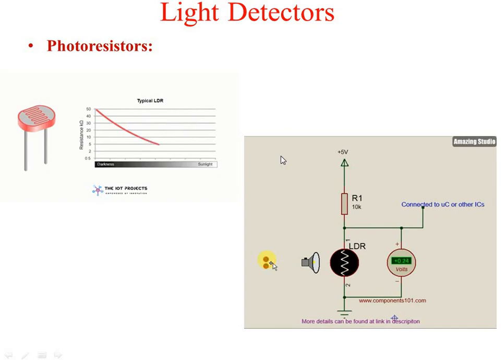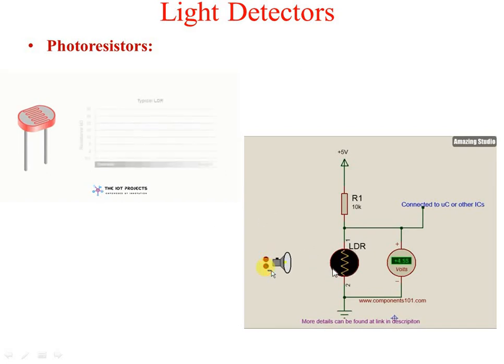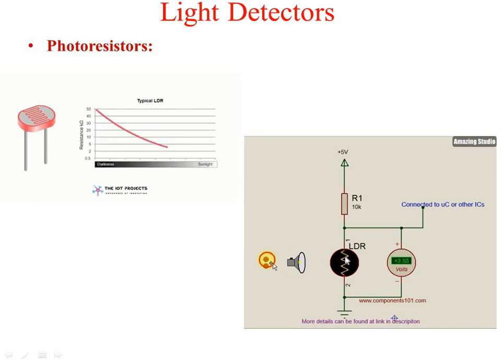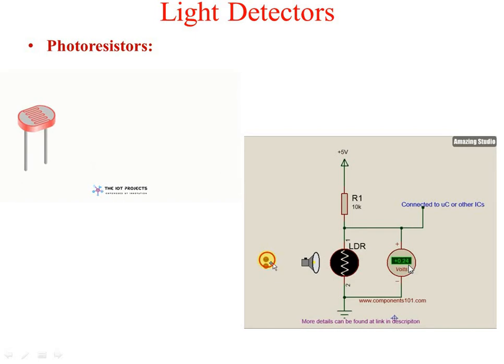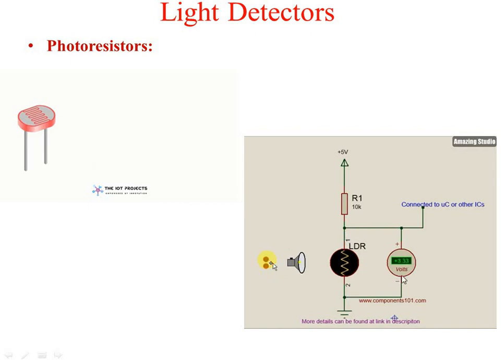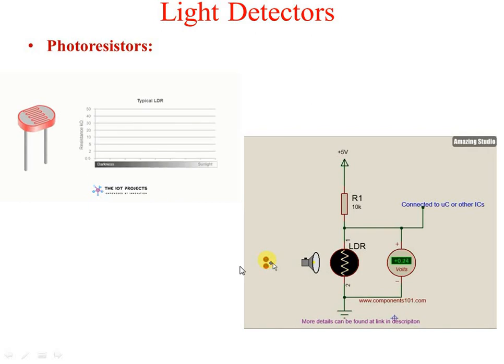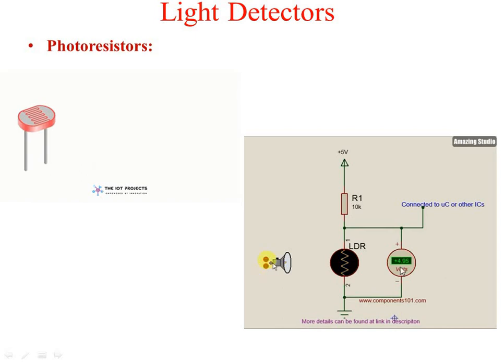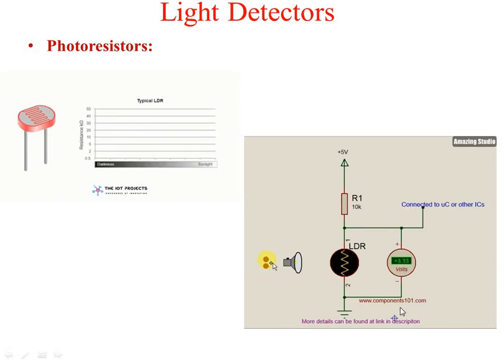When you move the light towards this LDR, when it is far away, the intensity will be less, but when you move it closer, you can see that the voltage is decreasing. The voltage decreasing means the resistance across this LDR is decreasing. And when you move away, the resistance is increasing, and that increasing resistance also causes the voltage across this LDR to increase.